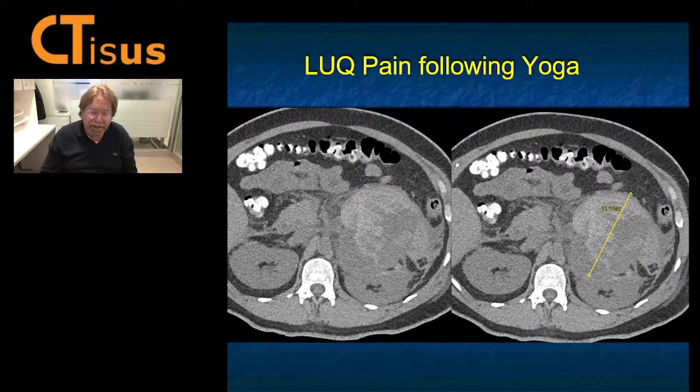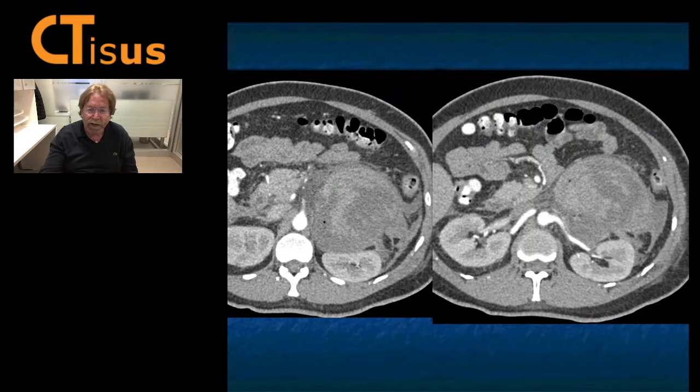So what things can bleed in the adrenal? We talk about myelolipomas. We talk about adenomas. We talk about primary adrenal cortical carcinomas. We talk about metastasis and occasionally unusual vascular tumors. This patient had no history of a primary tumor. You can see the vascularity, and we've said before, once something bleeds, you can obscure the underlying tumor. Look at the size of the bleed.